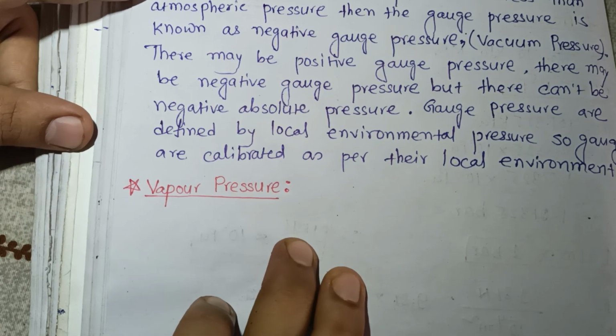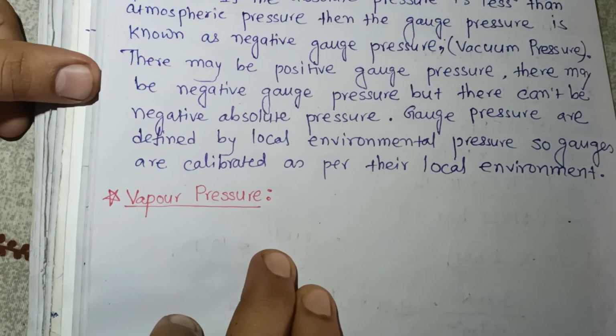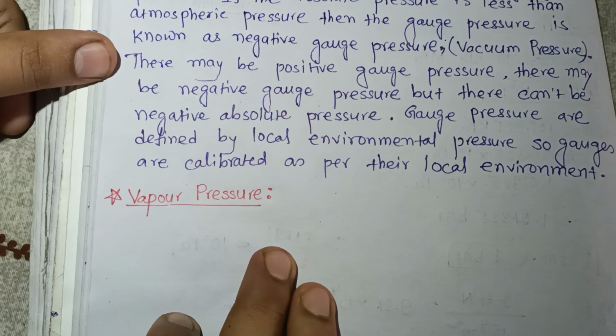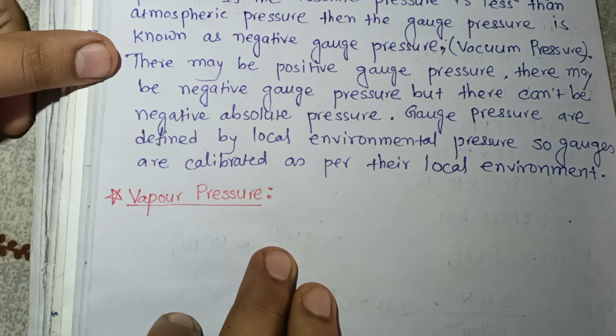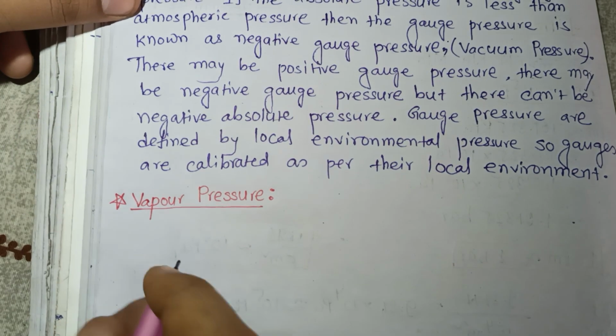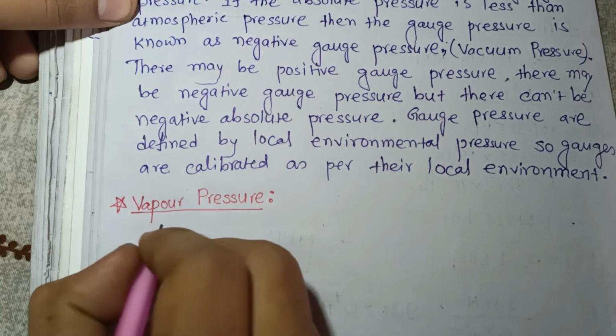So the main definition is that it is the saturation pressure exerted by the liquid vapor on the liquid surface at a given temperature. At that pressure the phase change happens, that means the liquid is converted to vapor. So let's write the definition.